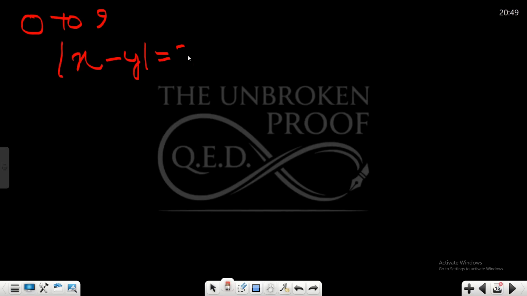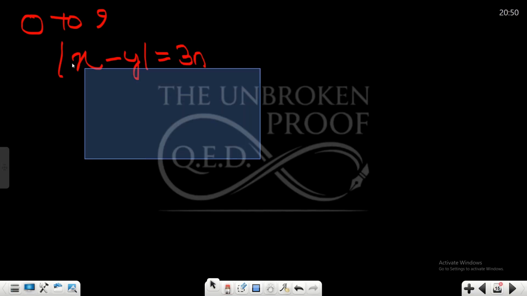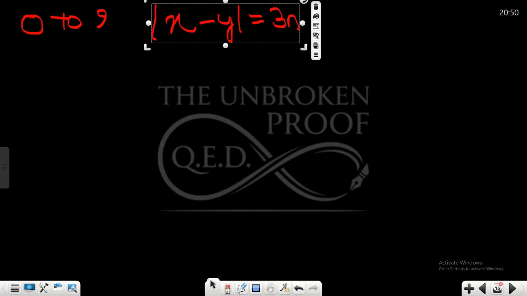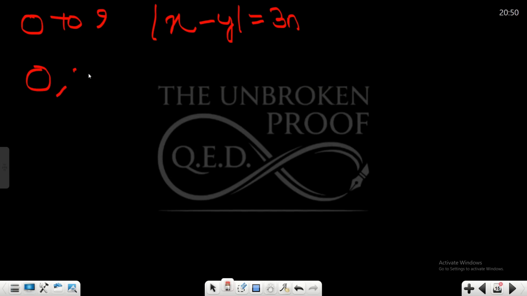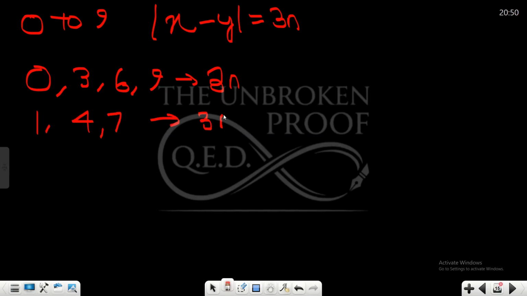Okay, now if you observe one thing, from 0 to 9, 0, 3, 6 and 9, they are in the form of 3n, right? They are multiples of 3 anyway. And 1, 4, 7, they are in the form of 3n plus 1. And 2, 5 and 8, they are in the form of 3n plus 2, right?